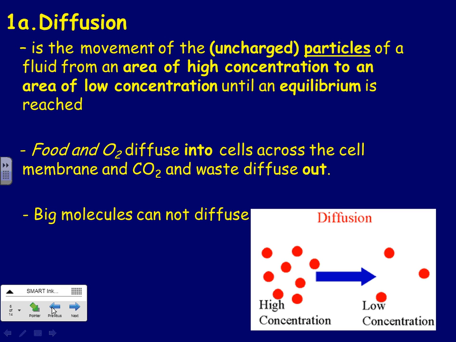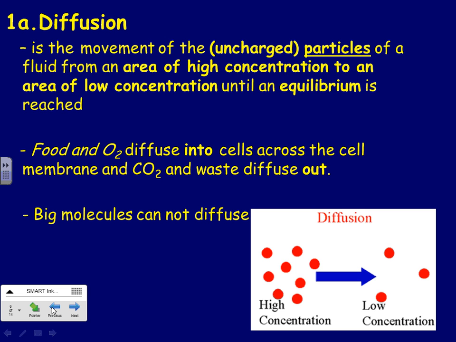And now I'm going to put some particles in here, and I'm just going to use a different color. It doesn't matter what color you use. You could even not have it colored. It's not a problem. I'm just going to put a bunch of dots over here. All right? So these are particles that are diffusing. They could be tea, they could be sodium chloride, it could be salt, it could be oxygen, it could be carbon dioxide. And I'm only going to put a few of them on this side, like that.